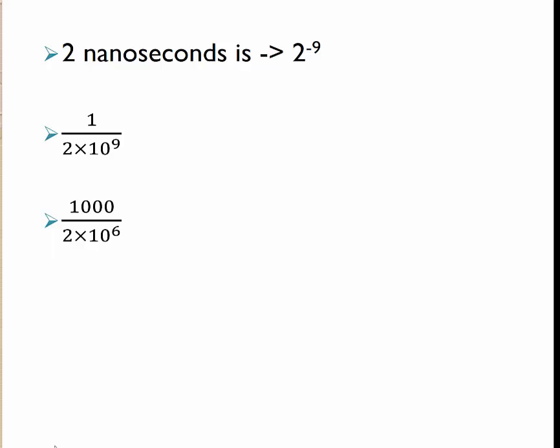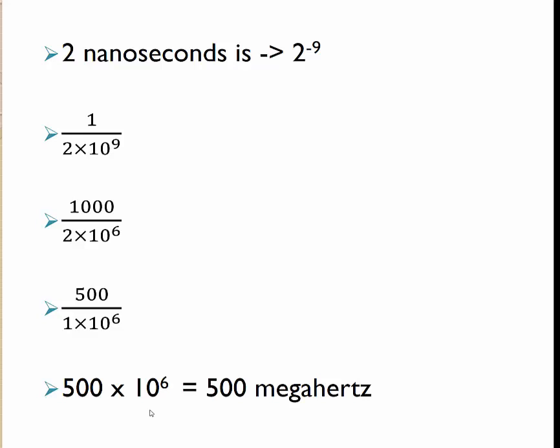I'm going to add 3 zeros up there too. So I take the 2 and I divide it into the 1000. What do I come up with? I come up with 500 over 1 times 10 to the 6th. And when we do the inverse of that, in other words, we bring the 1 times 10 to the 6th up, what we see is we have 500 times 10 to the 6th, or 500 megahertz. All right, and that's our answer for that question.